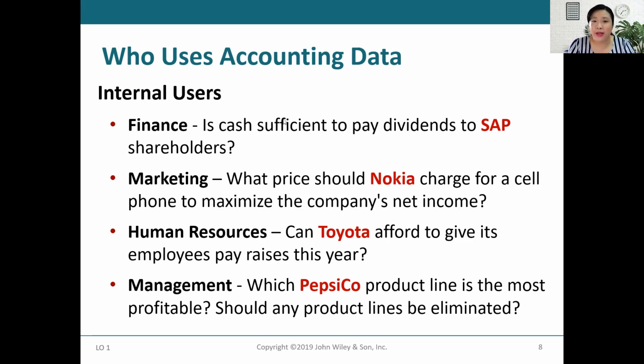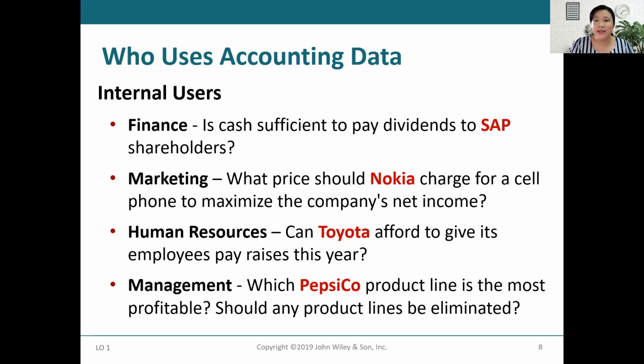For example, the finance department or the financial managers, they need accounting data because they want to make the decision. For example, do we have enough money to pay dividend to the shareholders? Shareholders means the people who hold the shares of the company, the investors.